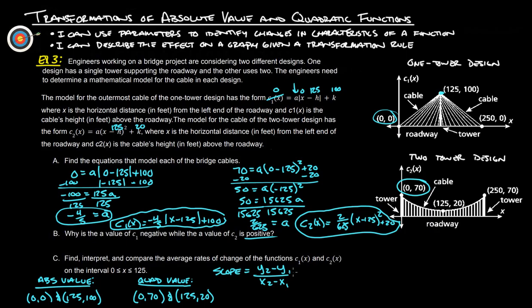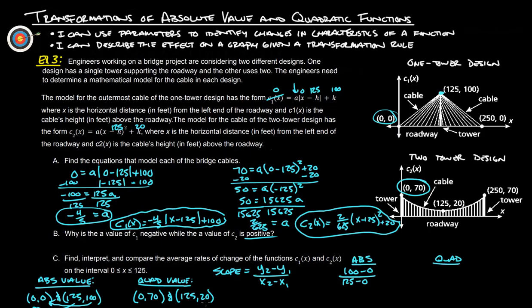To find the slope, you simply subtract the two y's divided by the difference of the two x's, for both of those. So for the absolute value, I like to do 100 minus 0 over 125 minus 0.